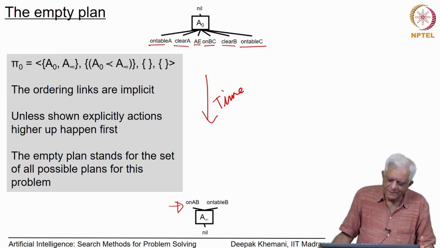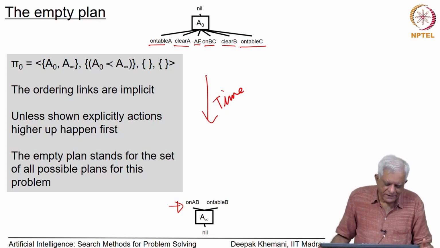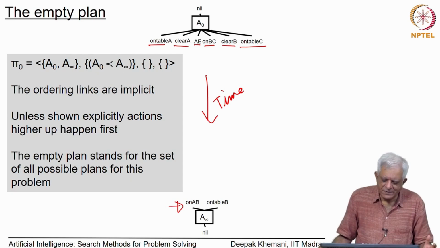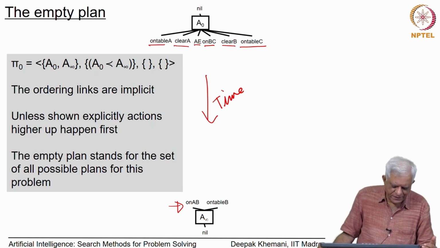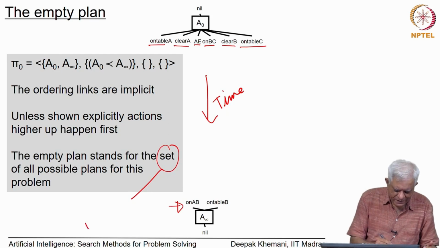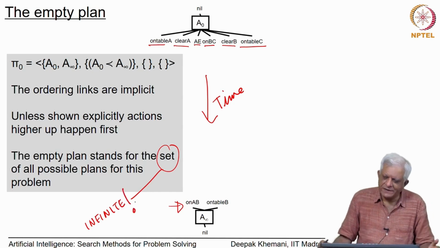Now, this empty plan A0, A infinity stands for the set of all possible plans that you can construct. Now, it so turns out that this set is actually infinite. Why is this infinite?